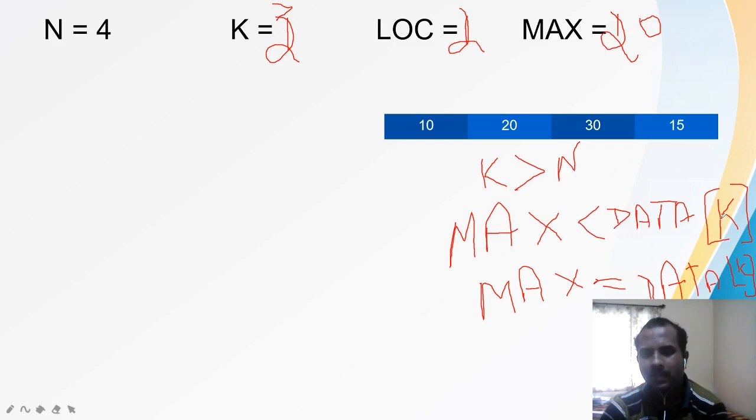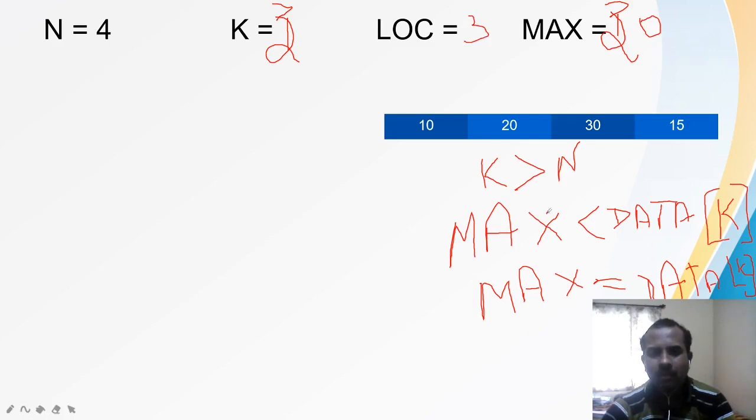Data of 3 is 30. 20 is lesser than 30, so I am again going to exchange them. So max became 30, and now the location value is also changed to 3.